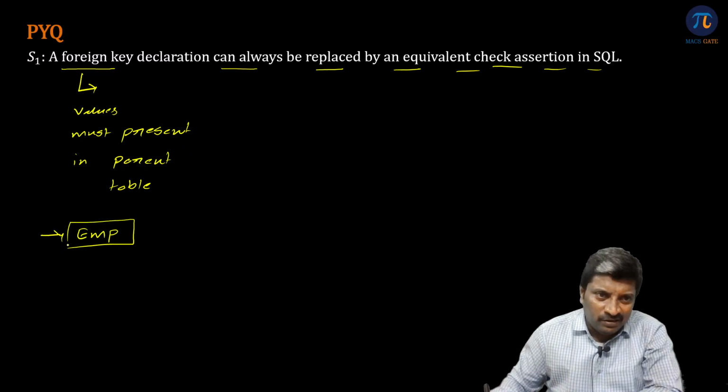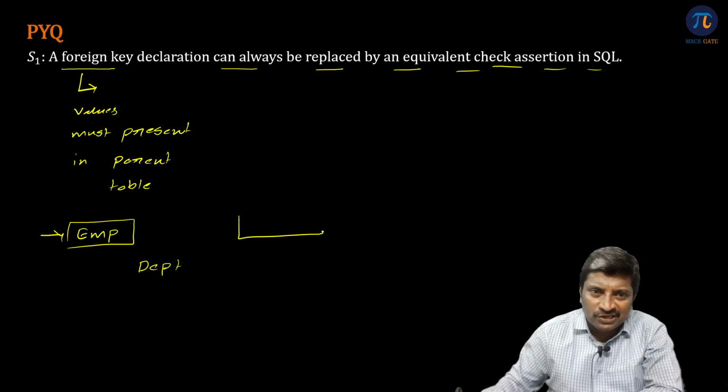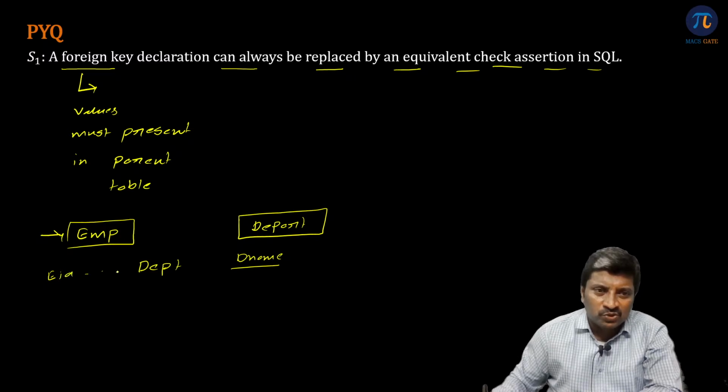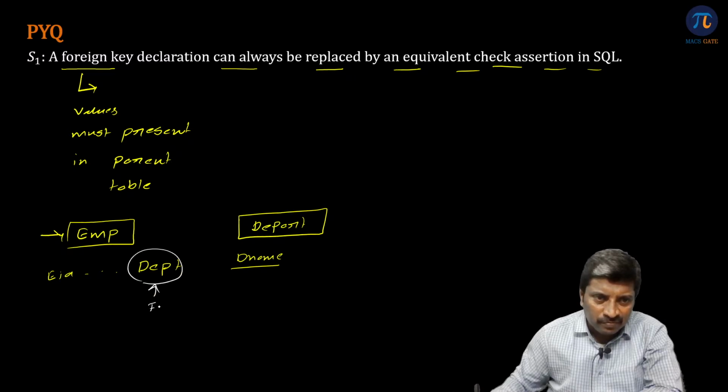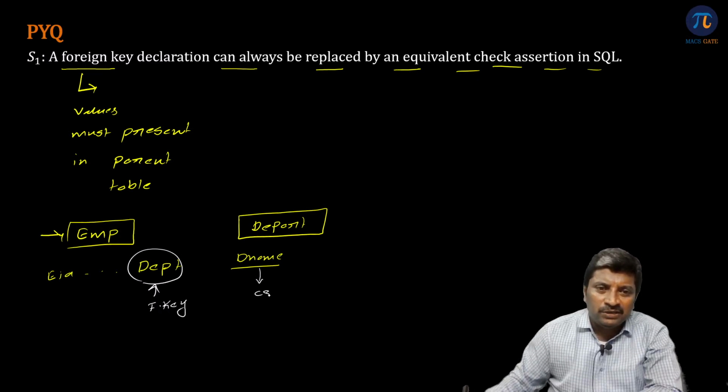This is my employee. Here I have some department. And this is our second table, department, in which D name is the primary key. This is the example we have seen, right? Employee ID, so and so details. So now look at this, sir. This is foreign key. Let us assume I have only CSC, ECE, EEE.